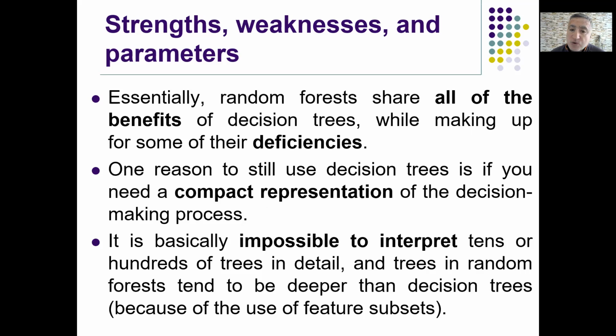One reason to still use decision trees is if you need a compact representation of the decision-making process. It's basically impossible to interpret tens or hundreds of trees in detail, and trees in random forests tend to be deeper than decision trees because we are going to use the limited number of subsets, so it needs to use more rules to fit the data.